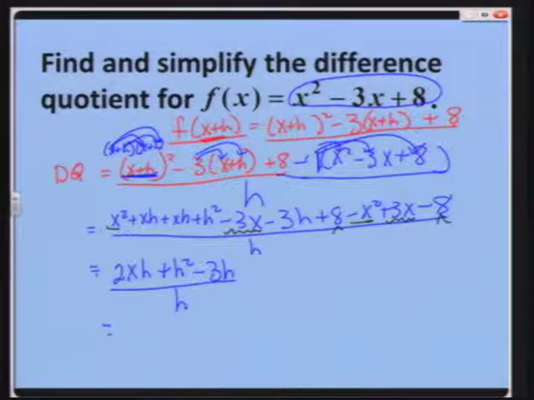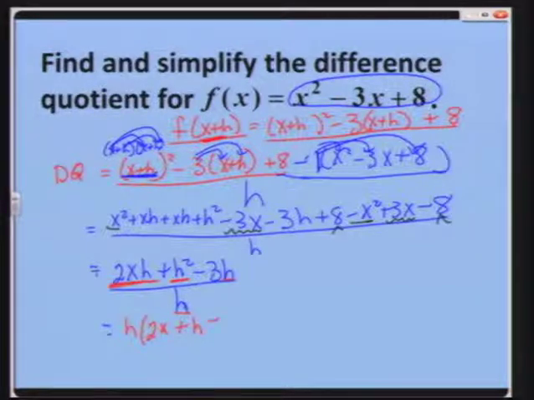I know when you're working the numerator, it's easy to want to leave the denominator off, but make each line equal to the previous or equivalent to the previous one. Now, do you notice that we have an h in every term in the numerator and the denominator? So if I factor out an h, I ought to be able to reduce. So h times 2x gives me 2xh back. h times positive h gives me positive h squared.